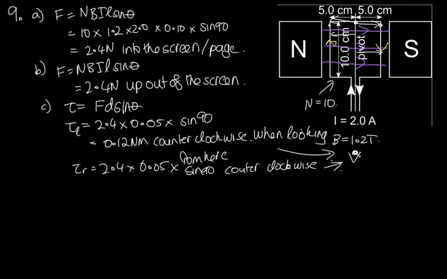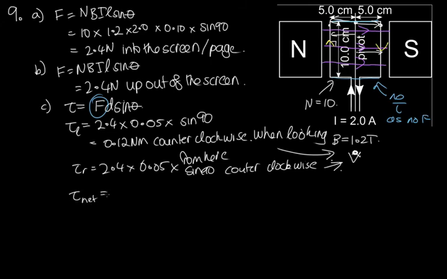Okay, so we're going to have to add together all the torques around this loop. Now these two sides here don't experience any force as the magnetic field lines and the current are parallel, so no torque here as no force, and we need to have a force in order to have a torque. So we just need to add these two torques together.